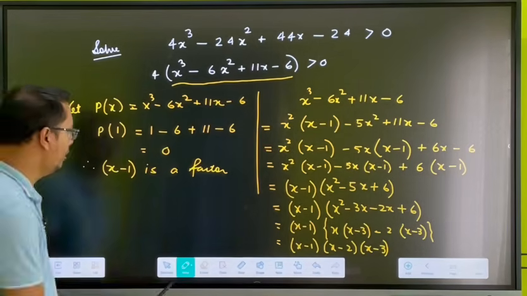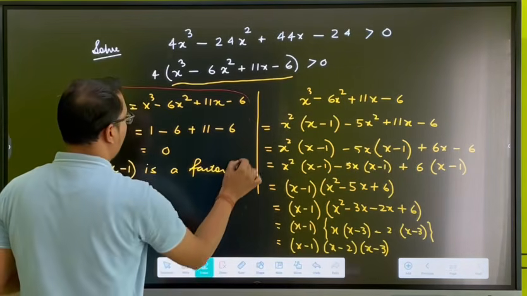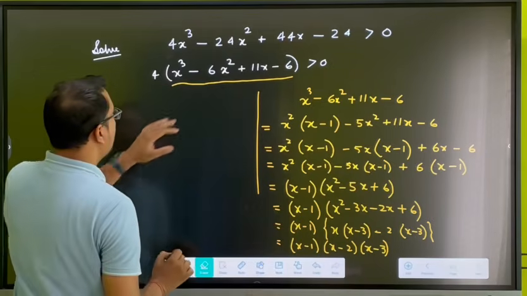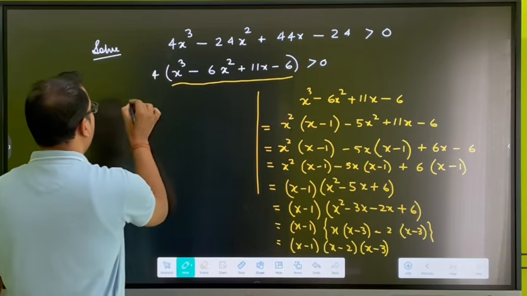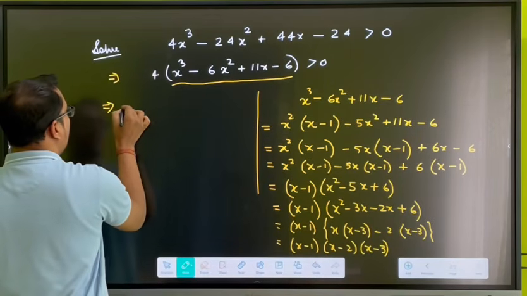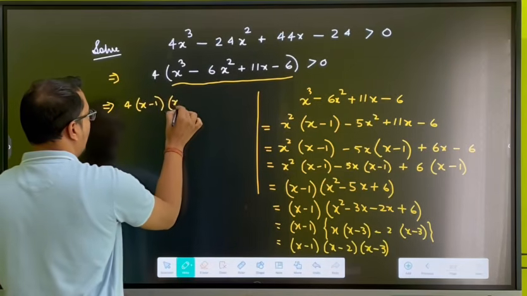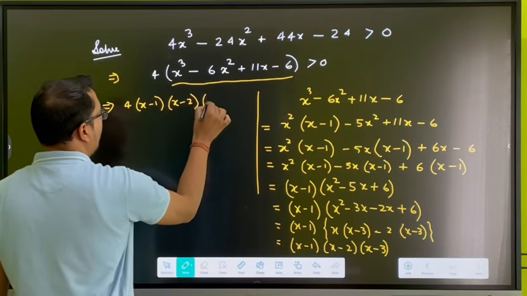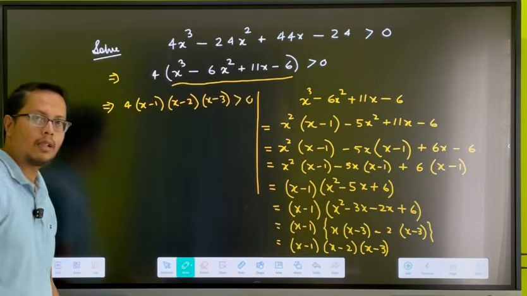Okay, so what we will do now? Wait, let me erase this particular thing. So instead of this one, I am going to write down this one. So this is nothing but 4 into (x minus 1)(x minus 2)(x minus 3) greater than or equal to 0.